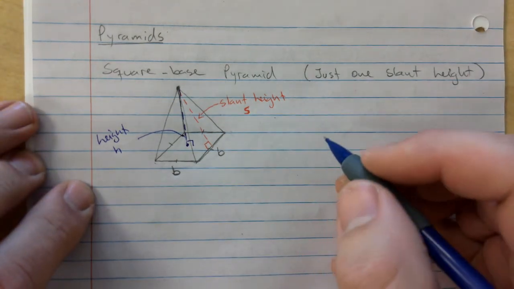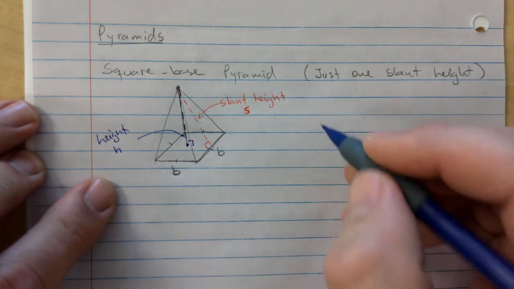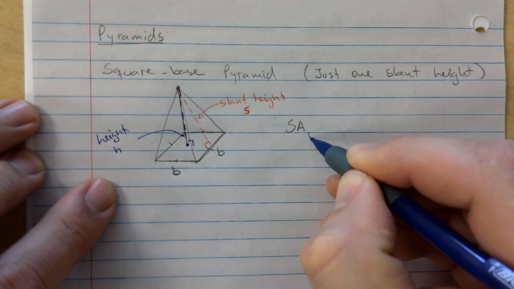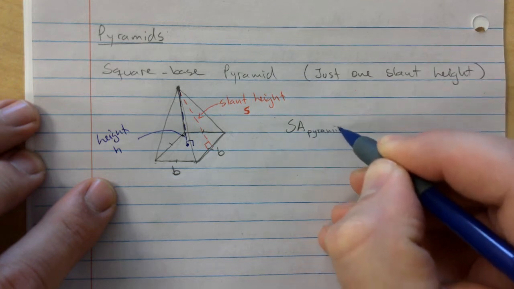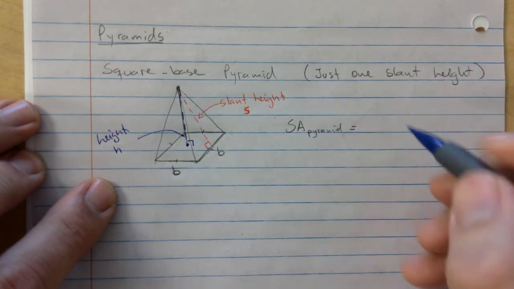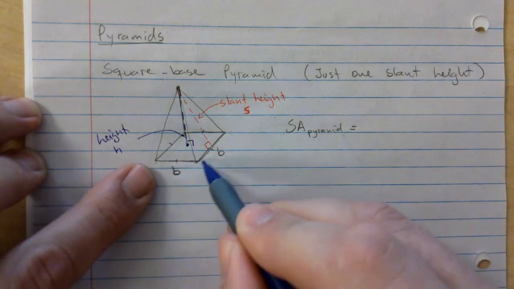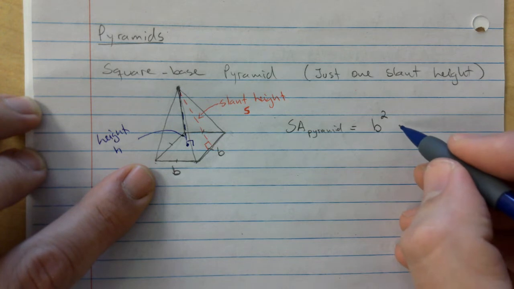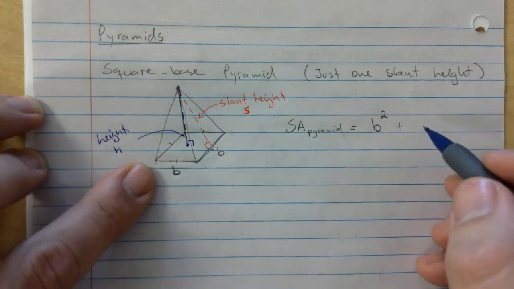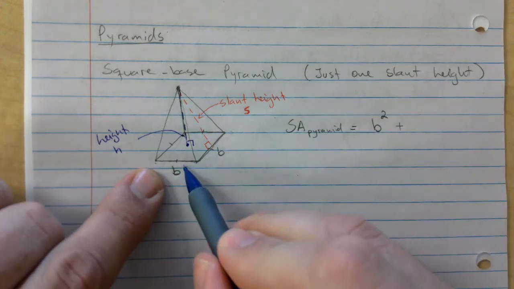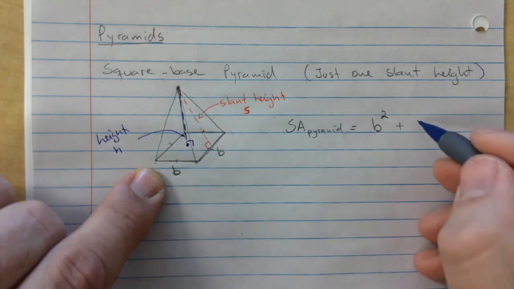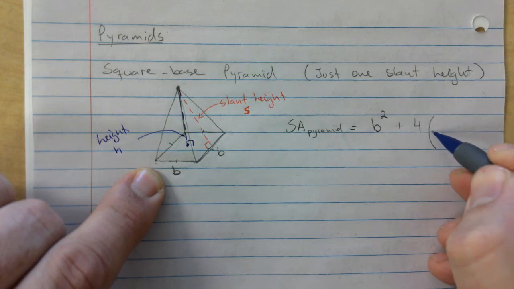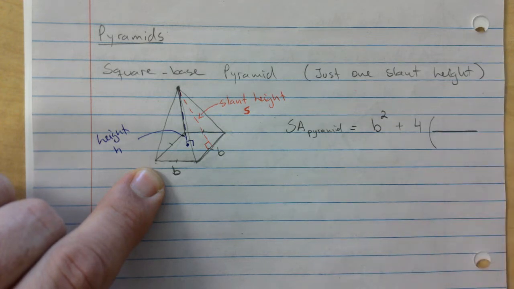And so to find the surface area of a pyramid, and this is a square base pyramid, right? It would be B times B, so it'd be B squared plus, technically there are 4 triangles, right? 4, and here it gets a little tricky, but we'll simplify this formula.